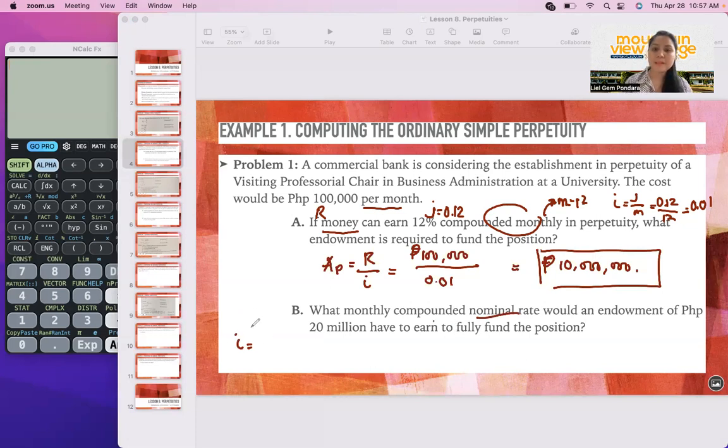So remember, I is taken from J over M. Now, we are looking for J, our nominal rate. But before that, let's solve first for I. Based on the formula, I is R over A sub P. Our R is 100,000, while the amount of perpetuity as given is 20 million.